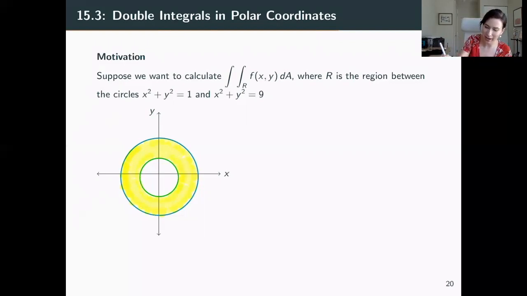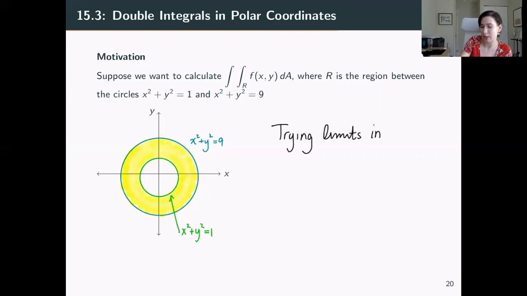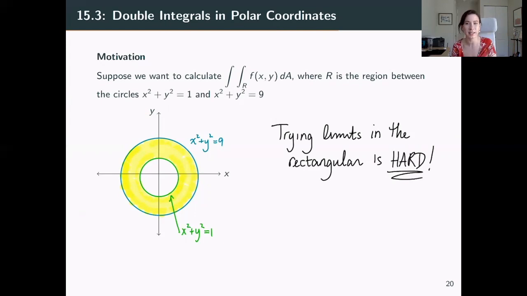So here I've got my outside circle is going to be x squared plus y squared equal to 9. Whereas my inside circle is going to be x squared plus y squared equal to 1, sorry. The issue here is that trying to set this up, so trying limits in the rectangular system, is going to be really awful. We don't want to even try to do that. It's just hard. If you try, kudos to you, but it's just more work than you need to do.